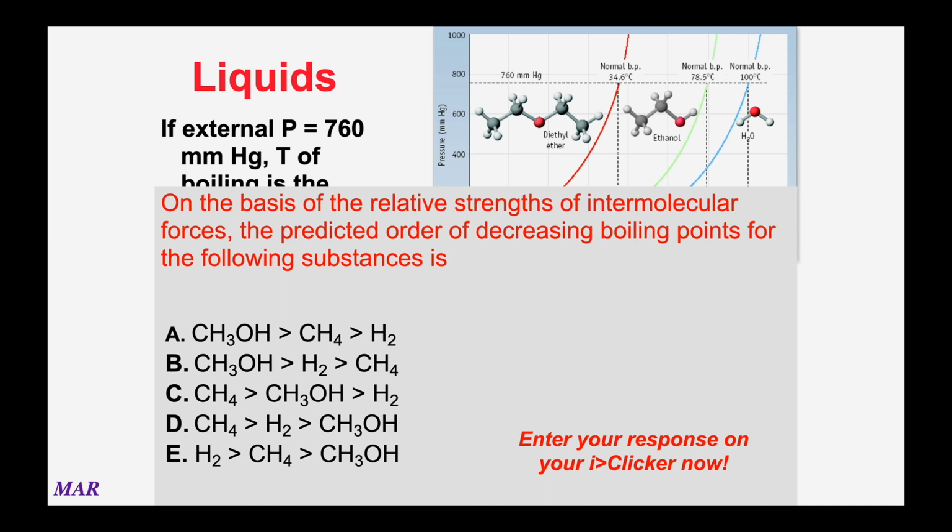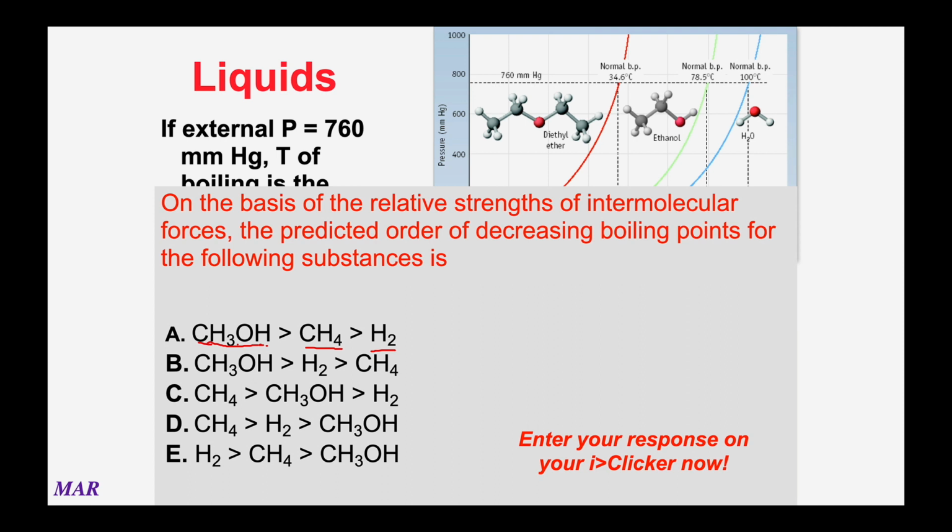The first one is methanol, which is another type of alcohol but with a methyl group on it. We also have methane, CH4, and we have hydrogen, H2. All right. Now we want the order of decreasing boiling points. So we want the highest boiling point first and the smallest boiling point last.